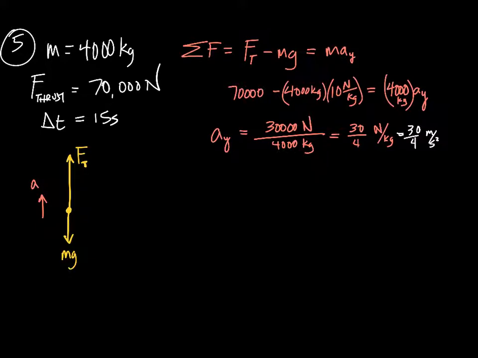Now, I could do graphical analysis and figure out what the acceleration is, or I could say, you know what? The net force of the rocket times that change in time equals mass times change in speed.